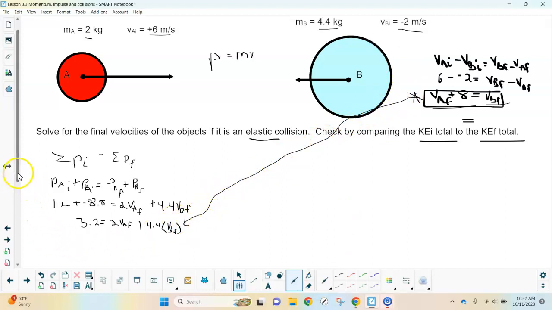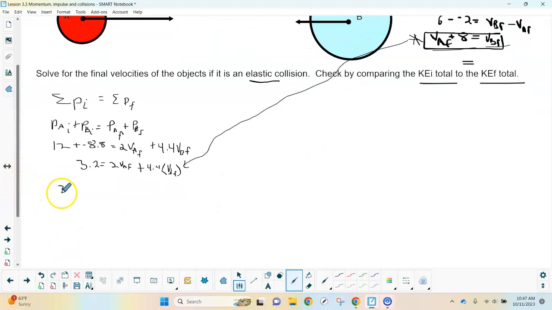Working through this some more, 3.2 equals 2 VAF plus, and then we have this coefficient 4.4 because that's the mass of B, times this whole expression, VAF plus 8.